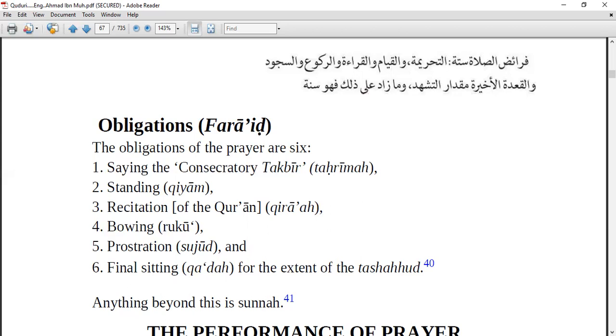As far as the other actions are concerned, you don't find direct verses of the Quran to legitimize those actions. You find them in the hadith. So that's why he's saying, وَمَا زَادَ عَلَى ذَلِكَ فَهُوَ sunnah. Anything beyond this is sunnah. A proof of it is from sunnah.